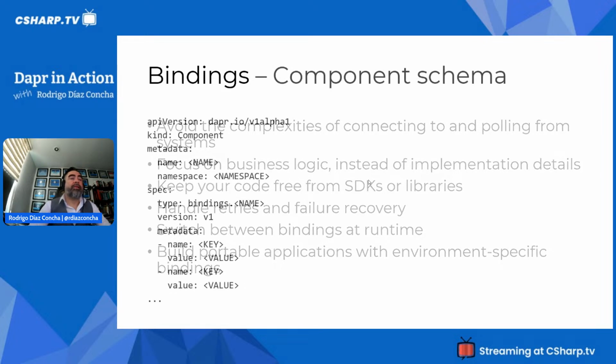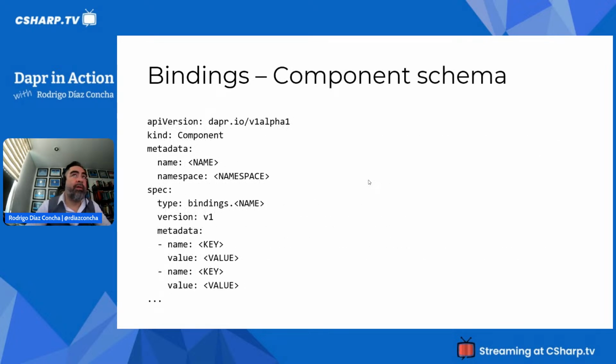This is an example of a component for bindings. Again, API version, kind, metadata, and spec. And you can see that inside the type in the spec, you specify what kind of binding you're referring to.